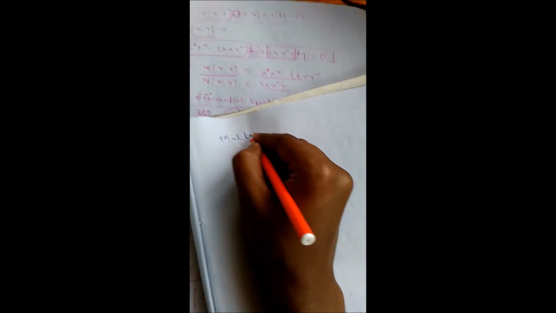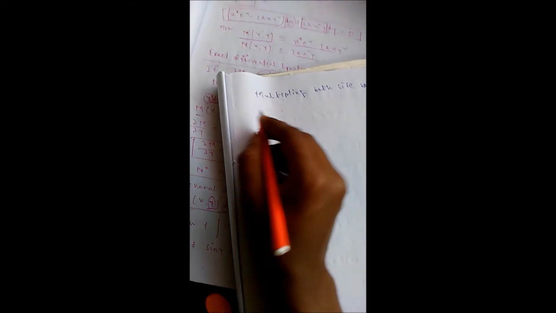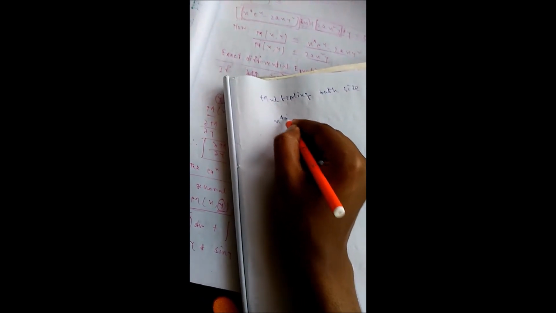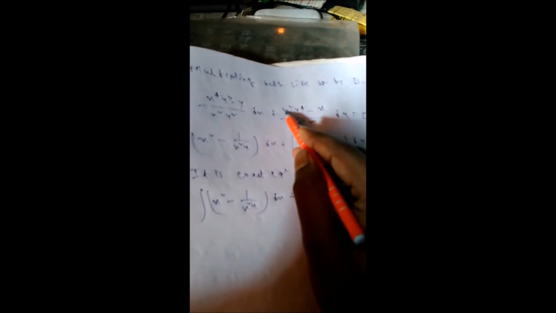Here multiplying both sides by the integrating factor, the equation becomes (x⁴y² − y)/(x²y²) dx + (x²y⁴ − x)/(x²y²) dy = 0.